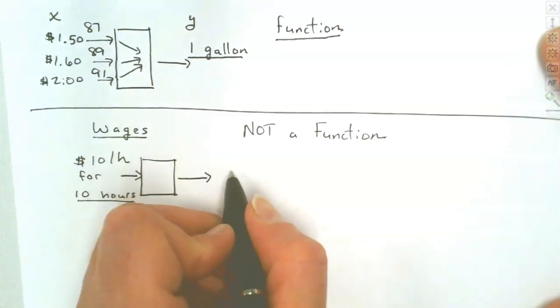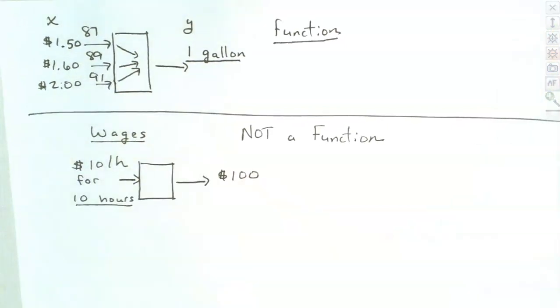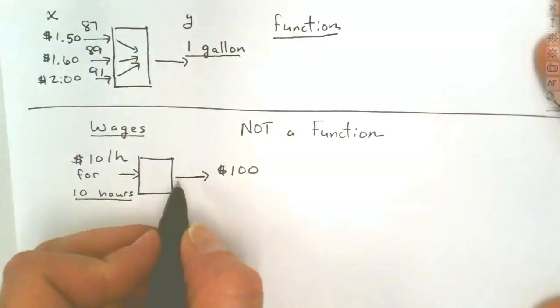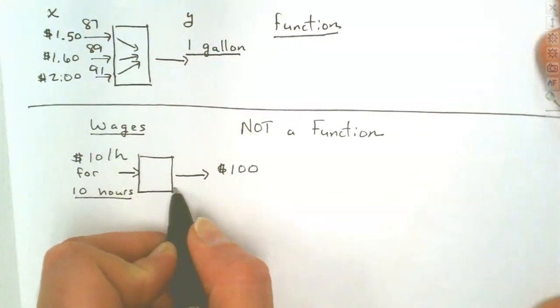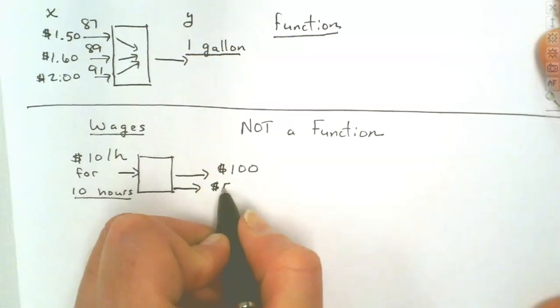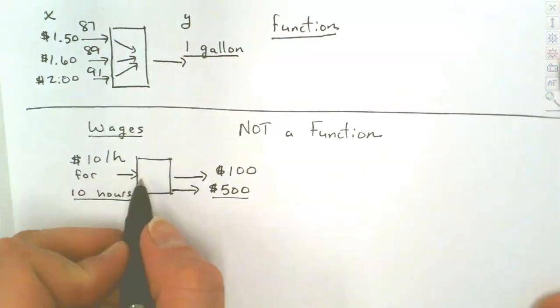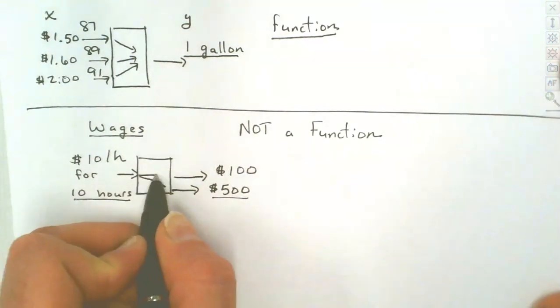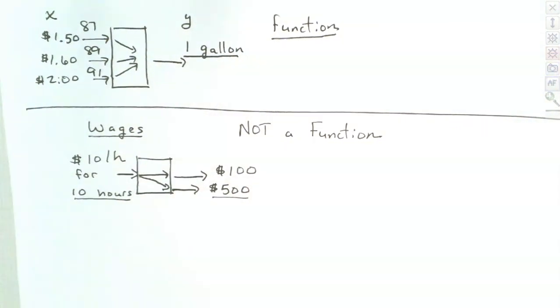Well, you should get out what? You should get out $100, right? $10 an hour should make $100. Well, let's say you got $100, but the other person got $500. Now, they worked the same 10 hours for the same $10 an hour.